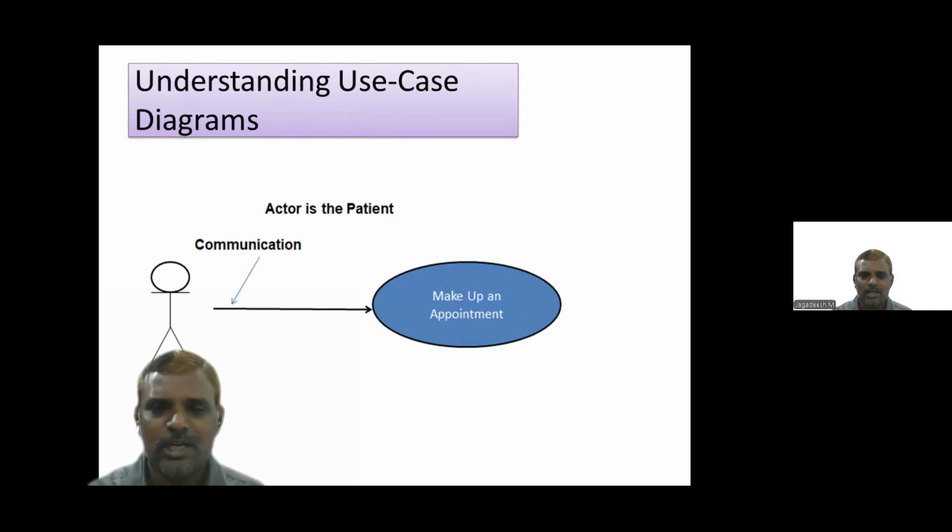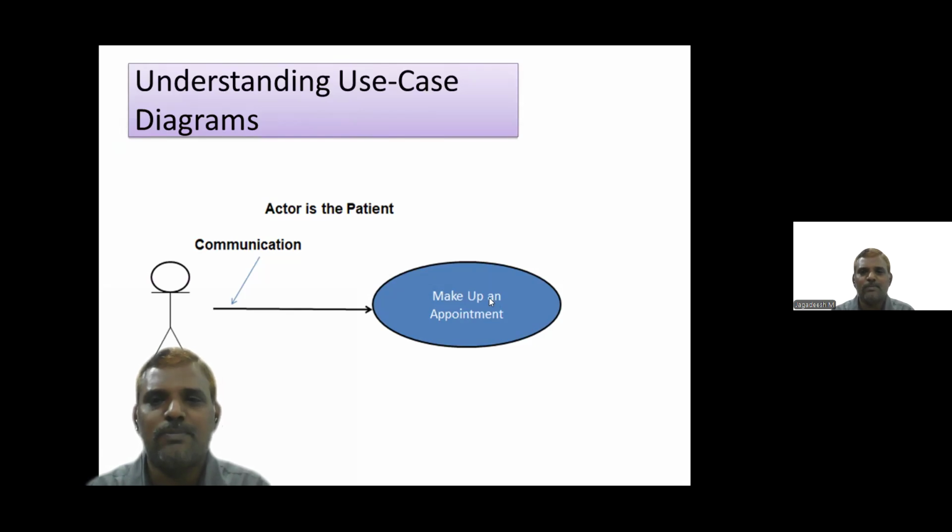In the order management, I will have so many functionalities. First, I need to get the order, right? That can be one. Otherwise, suppose it is something like hospital management, there I should get an appointment or make an appointment, right? So all those behaviors can be represented using an oval shaped symbol, and that is called a use case. Suppose I want to have the diagram for sales.